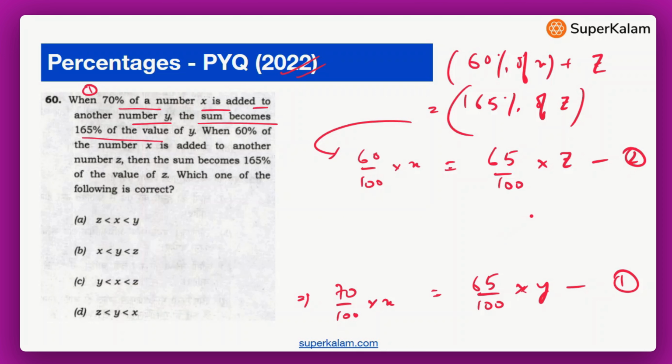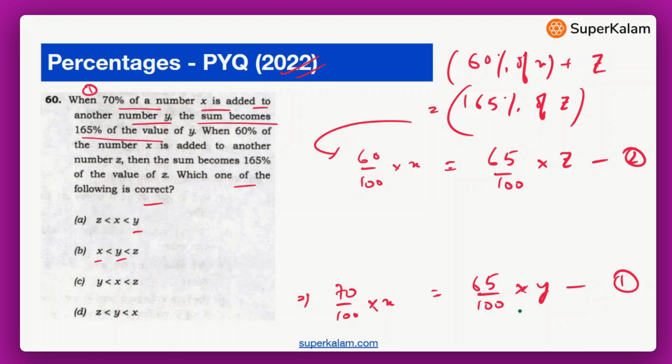Now it is asking us the relationship between x, y, and z. It is asking which one of these is the largest, which one comes in the middle, and which one is the lowest or the least. Using these we can find the relationship between them.